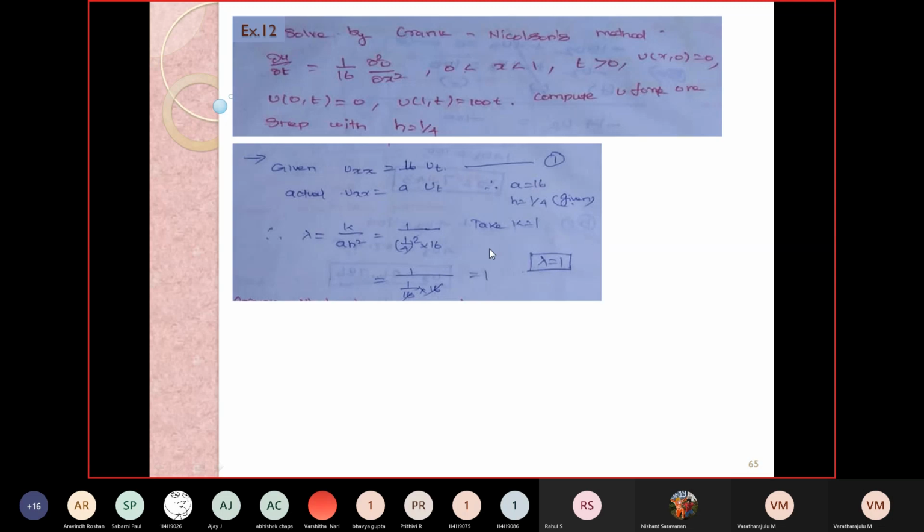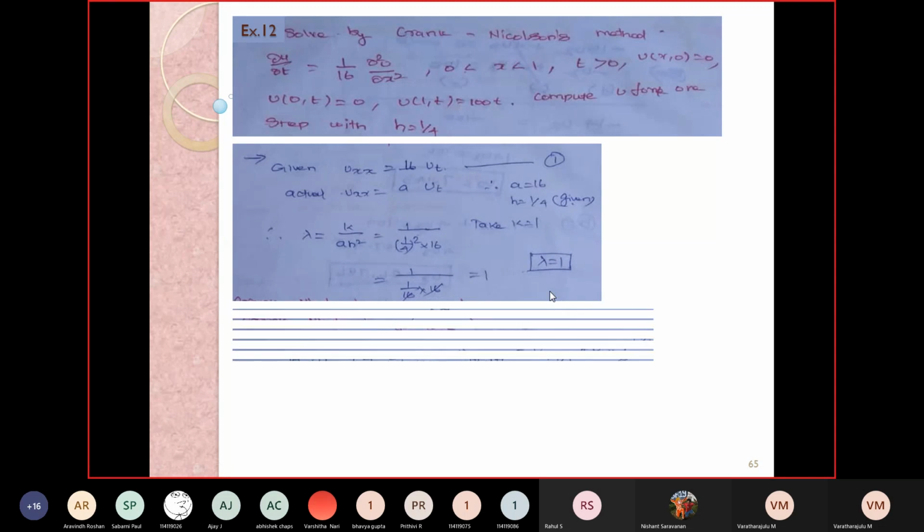Then only will we get lambda equal to 1. Applying 1 for k, and a h squared is 1/4 the whole squared, or you can apply 1/16. Here 16. By dividing by 16, we will get lambda equal to 1.